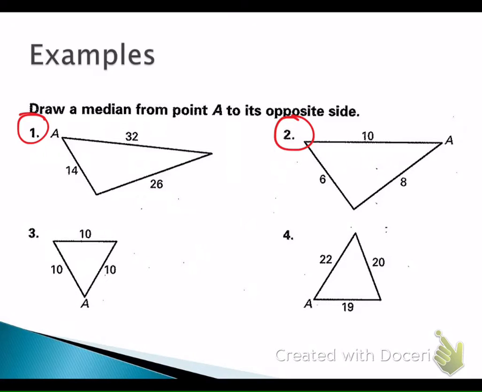So on number 1, if I start at A and I go to the middle of the opposite side, where would I be? What would these lengths be? The whole thing is 26.